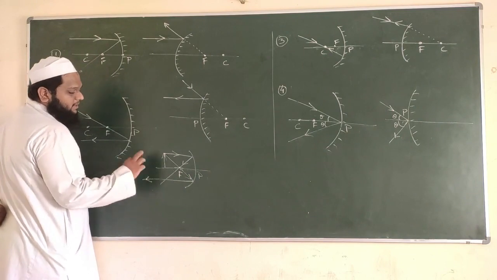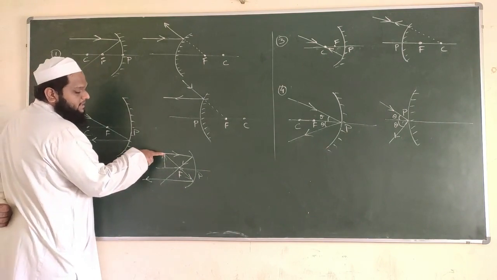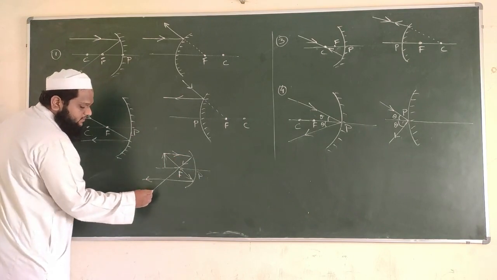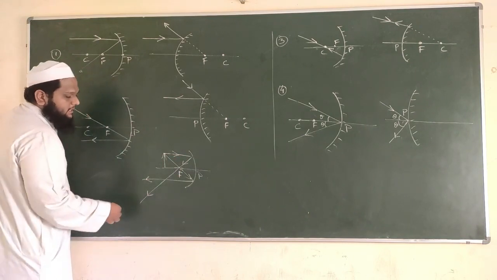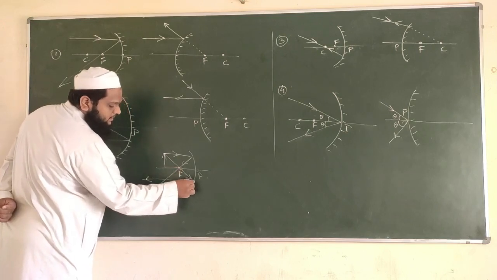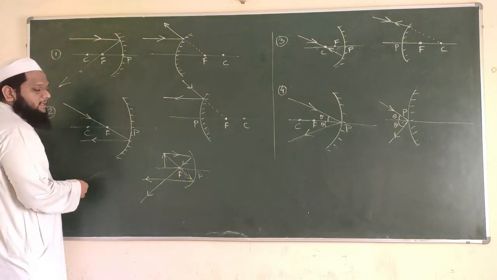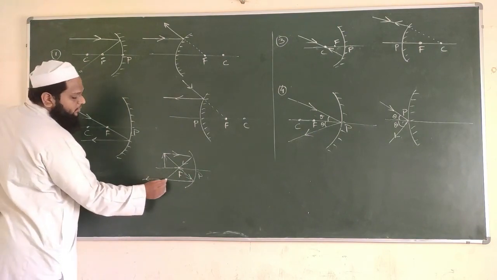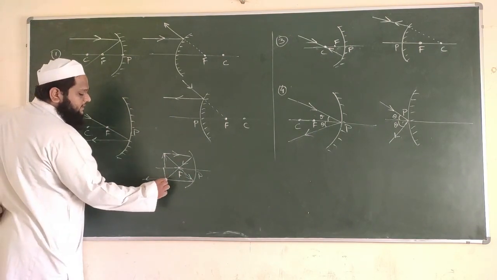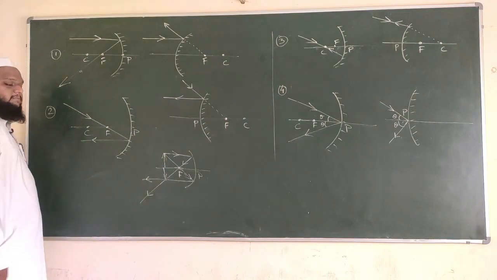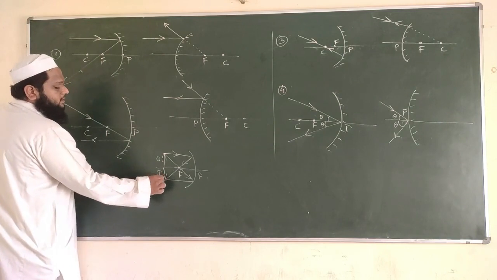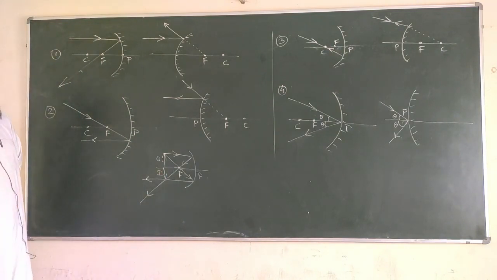So now you check where the first ray is. It went this way, travelled through the principal focus, and is going this way. The second ray is passing through the principal focus, undergoing reflection, and passing this way parallelly. Two rules I have applied. I have found a point of intersection. From that point of intersection, I can draw the image. This is your object, this is your image. I hope this is clear.